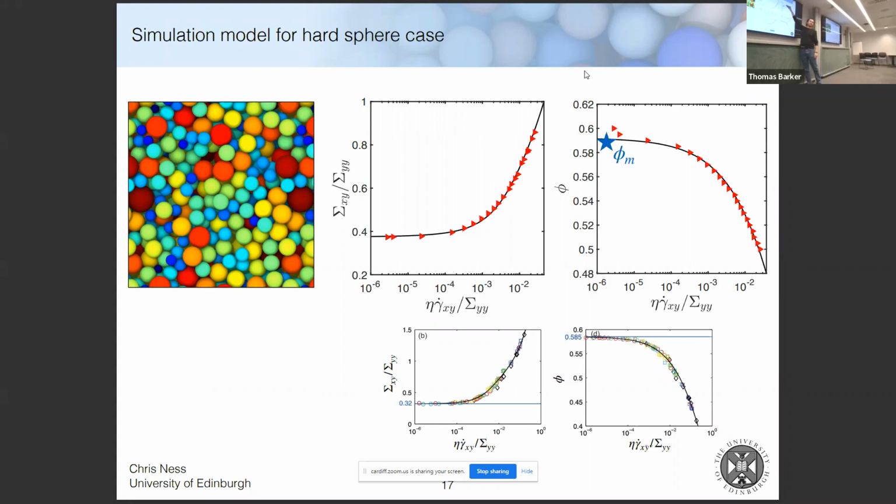That's the maximum volume fraction that the system can flow at. You can see in the experiment it occurs at around 0.58. So I said that we're mixing solids and liquids with roughly equal volume. It turns out the maximum that you can actually do that, in this case, is when the solids are 0.58. In the simulation, it's a little bit higher. It's 0.59 something, but it's pretty close.